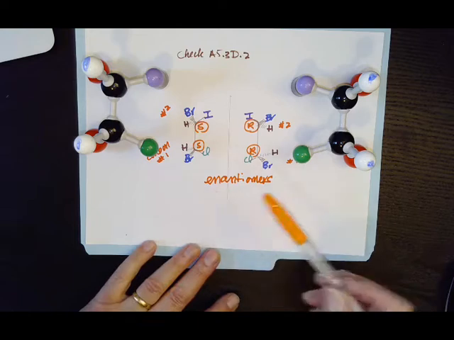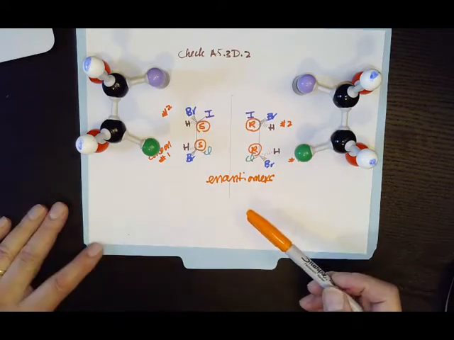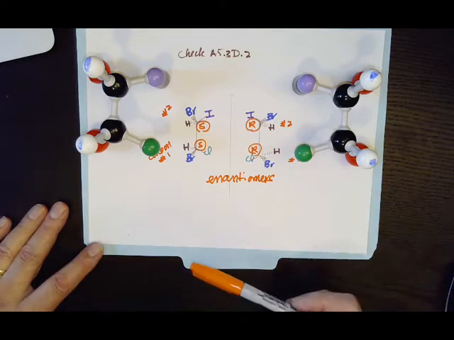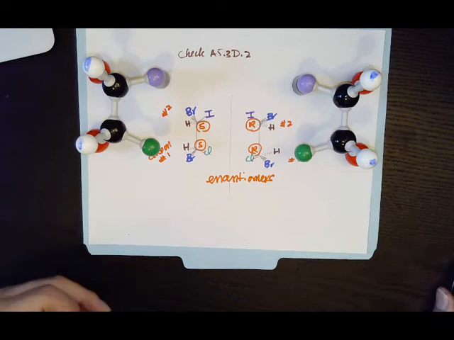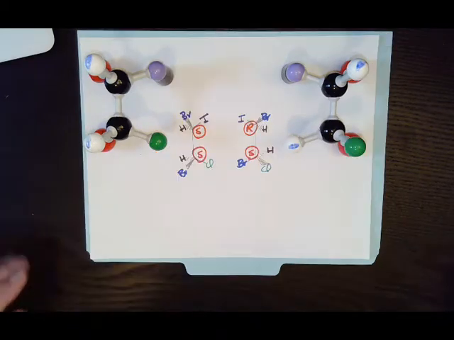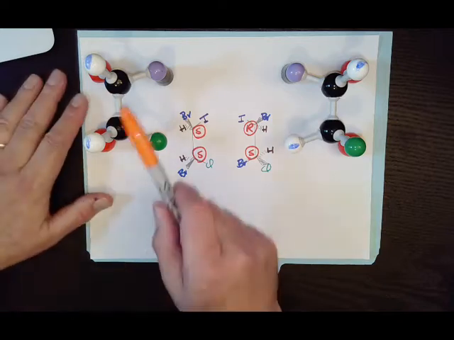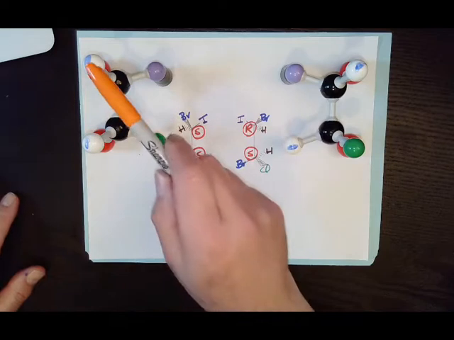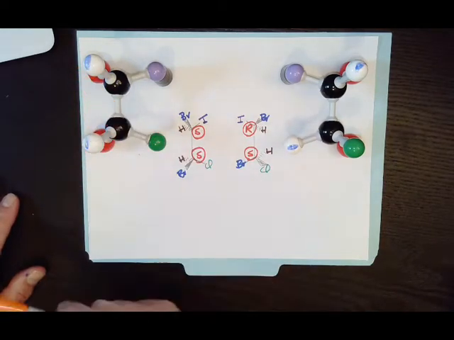Maybe I'll change two of these bonds to exchange with each other. Maybe I put bromine here and chlorine there and see what happens to the two molecules. Okay, I'm back. So what I did, basically I left this one alone. So nothing changed there. So we still have the two bromines. Remember I made them a little bit blue.